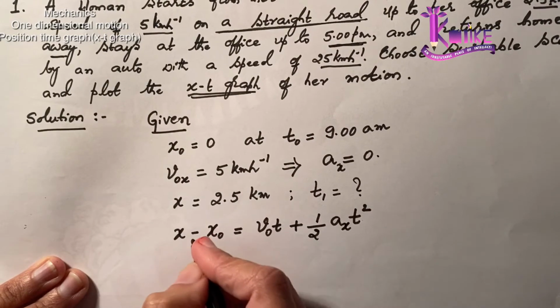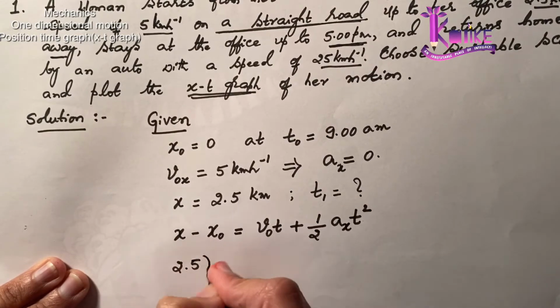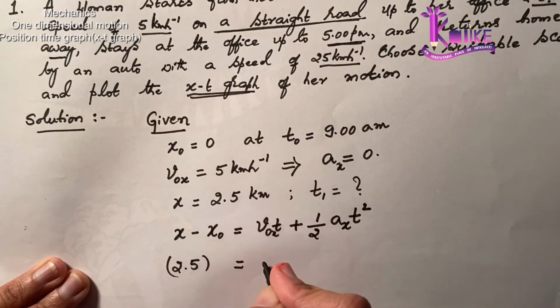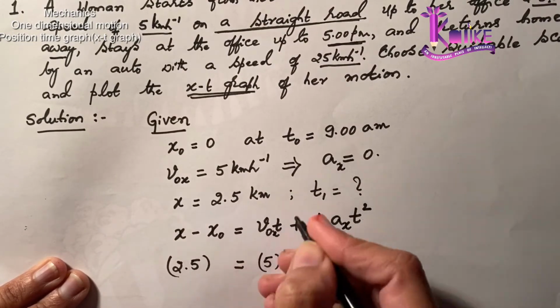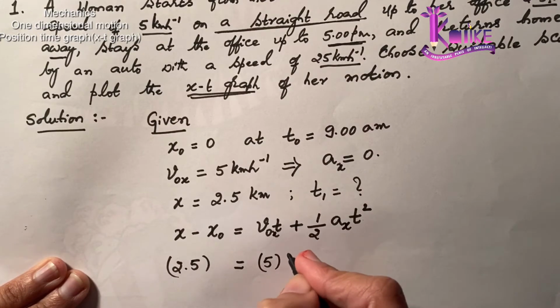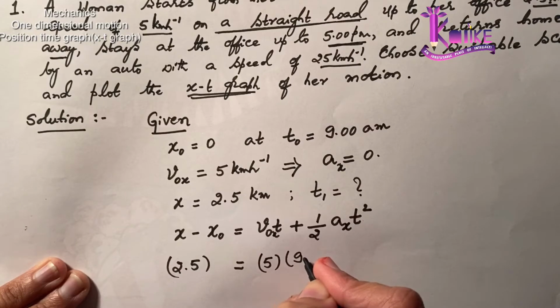So, x minus x naught, which is 2.5 minus 0, that is nothing but 2.5, that is equal to v naught x times t1. So, v naught x is 5 kilometers per hour, and we are trying to find the time.